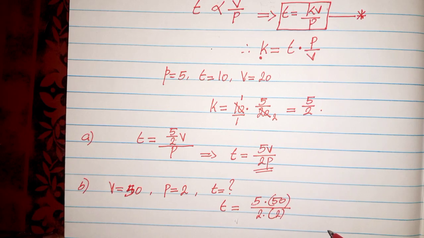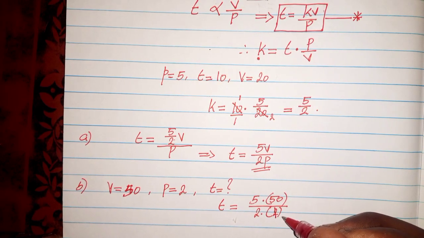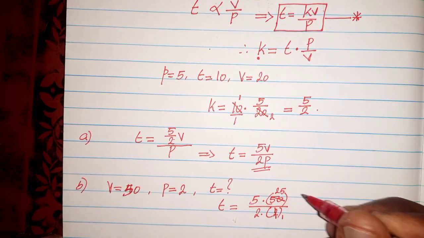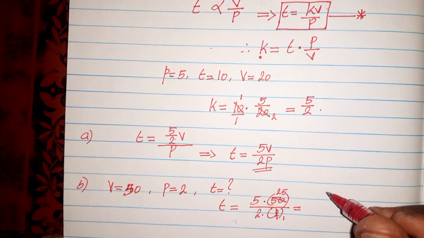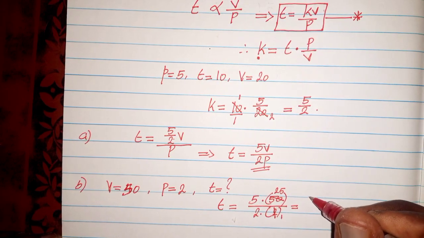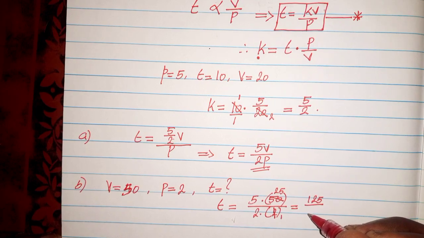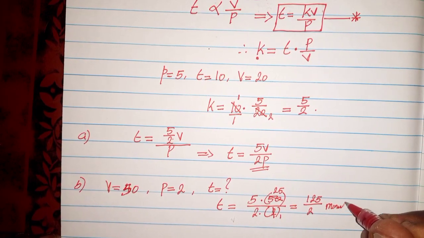The next thing for us to do is to simplify. Of course, we know that 2 can go into 2 once, and 2 can go into 50 25 times. So this is the same thing as saying 5 times 25. When you multiply 5 times 25, you have 125 all over 2. So that is your time. You can write this in minutes.